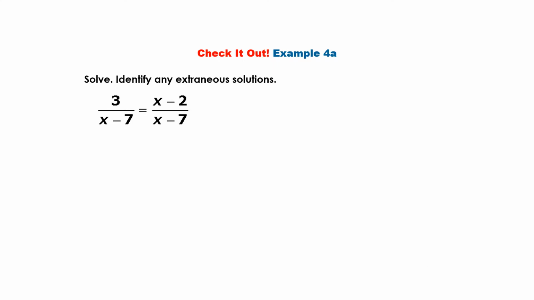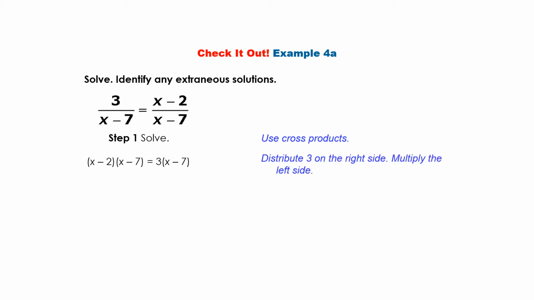Okay, let's have this one. 3 over x minus 7 equals x minus 2 over x minus 7. So step 1, cross product. Then distribute 3 to the right side, and multiply the left side.